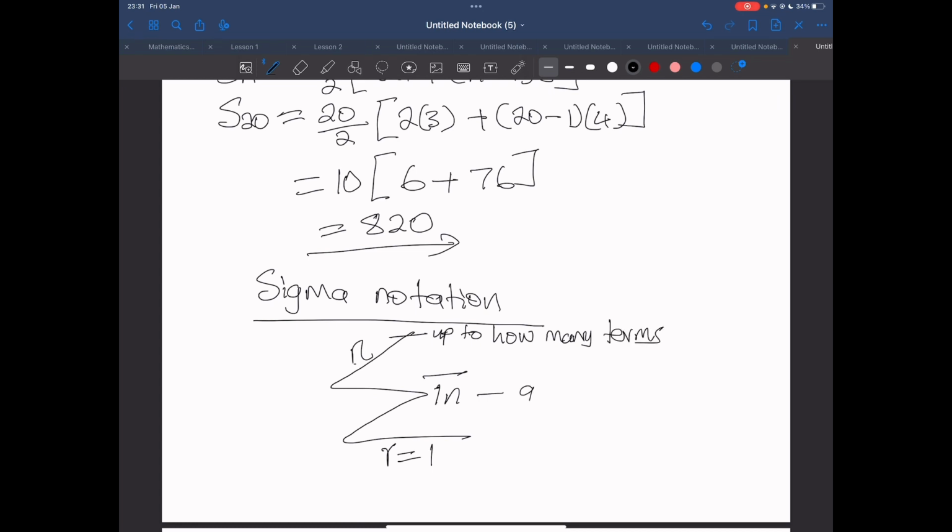And this is the general term. And this one indicates with which term number to start.